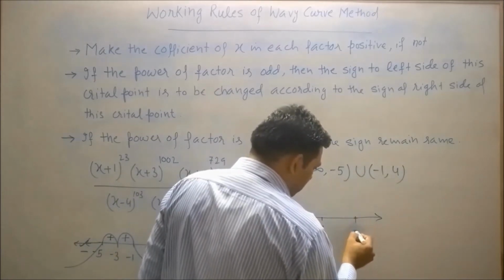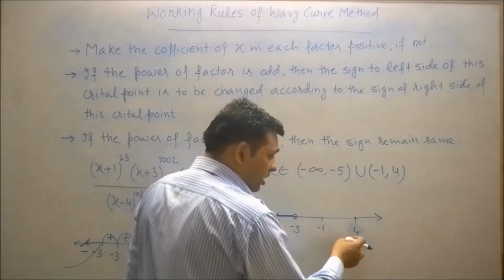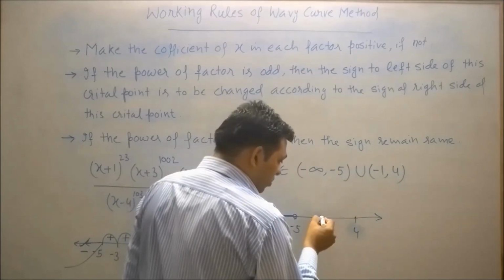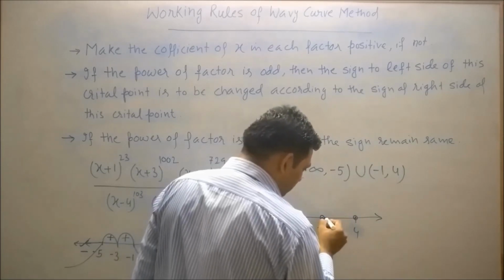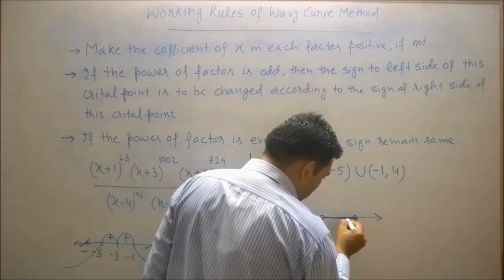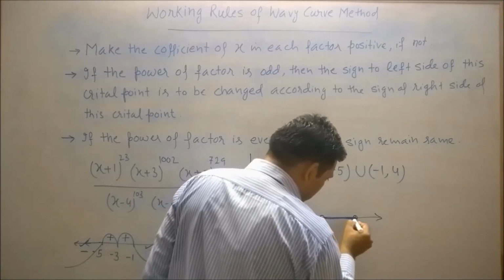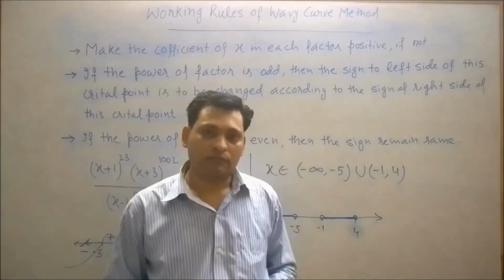Let's say this point is 4. Minus 1 and 4 are not included, so draw hollow circles here. And this part of the number line should be dark, since these are the solution of the given inequality.